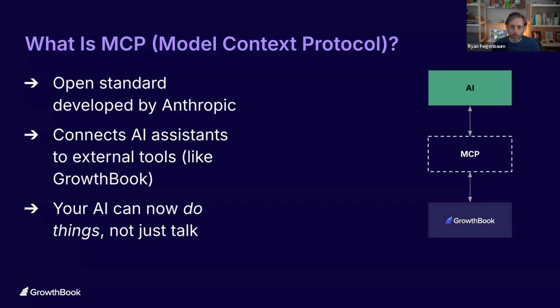In this case, relevant for this webinar, to GrowthBook, but it could also be things like Canva, Slack, MongoDB, all kinds of different tools. So it's really an amazing way to connect these things together. And what it really enables, from a fundamental point of view, is that your AI is not just creating text, but it can actually do things.